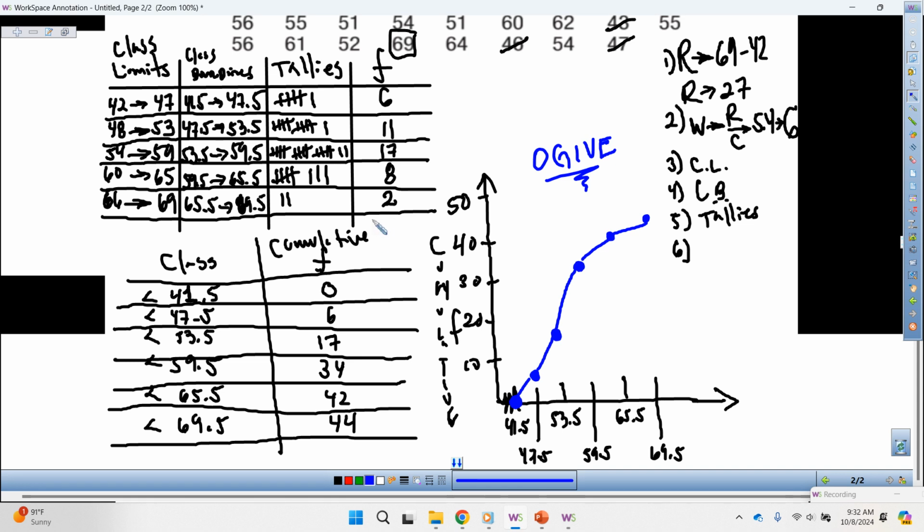Let's go with AJ. AJ, what's missing? Midpoint. That is correct. Midpoint. Remind your neighbor how to find the midpoints for all those classes, please.